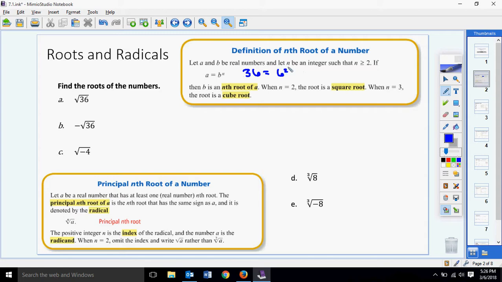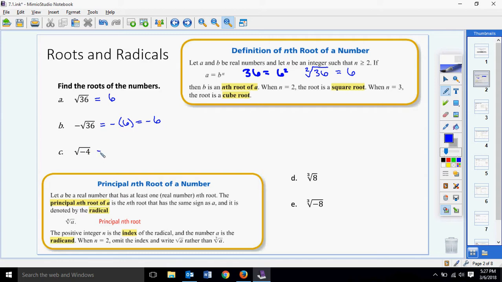If our power is 2, then we can find the second root of 36, and that would give us 6. So the square root of 36 is 6. Now, the negative square root of 36 means you're going to have a negative in front of your square root of 36, which is 6, so that makes it negative 6.